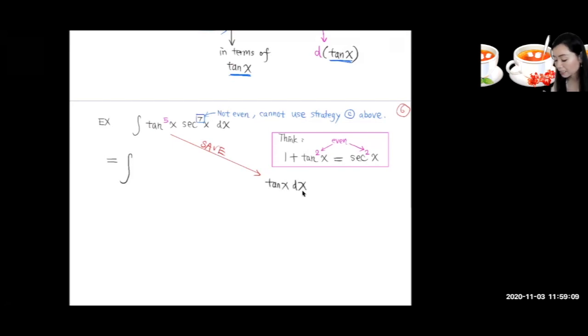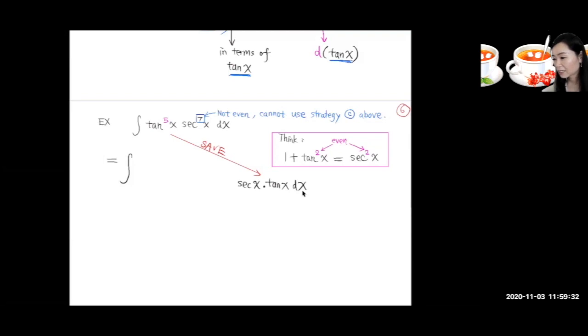But that is not going to get us anywhere, because which function differentiated gives you tangent x? Well, we don't know, right? But tangent x has a friend, okay? They always go together. So let's take a friend over here. I think secant x will be good to go with tangent x, right?